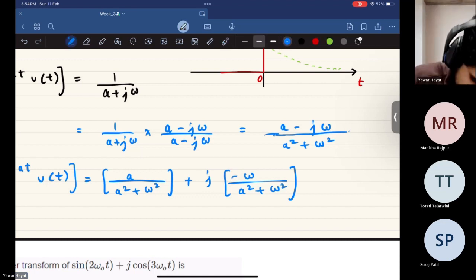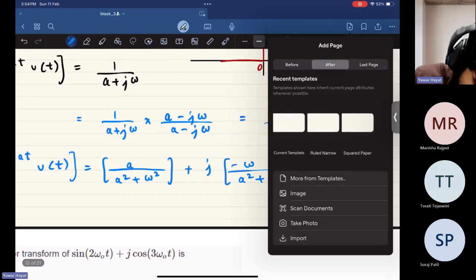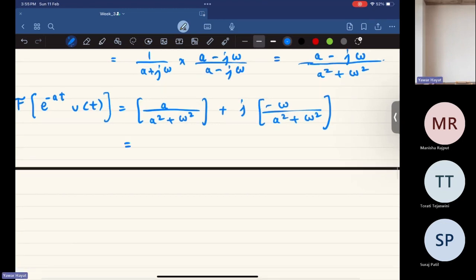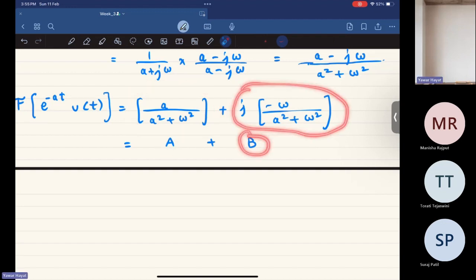Let's take another page, otherwise it would be confusing. So what I'm saying is, suppose I write this as A plus B, where this capital A is this term and this capital B is this term.